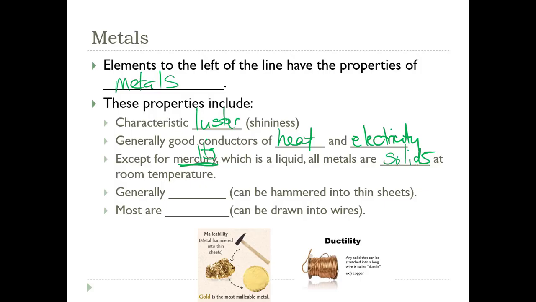They are generally malleable, a physical property meaning they can be hammered into thin sheets, and most are ductile, meaning they can be drawn into thin wires.